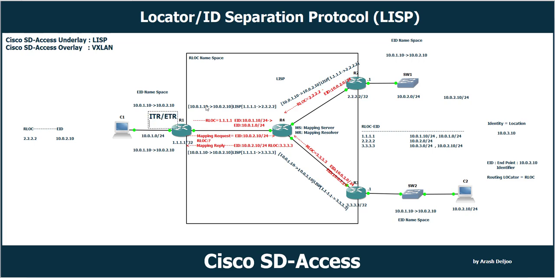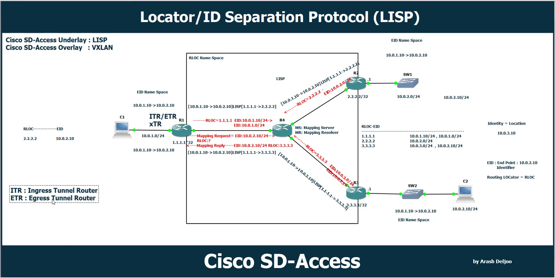Sometimes you hear about the XTR, where X means I or E. What is the meaning of ITR or ETR? ITR means ingress tunnel router. ETR means egress tunnel router.